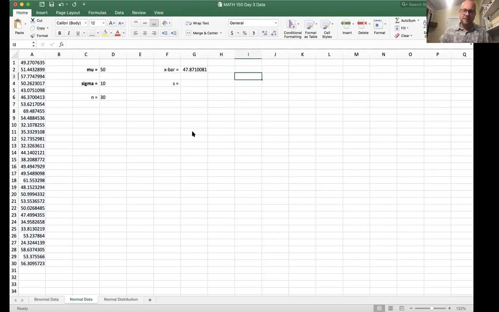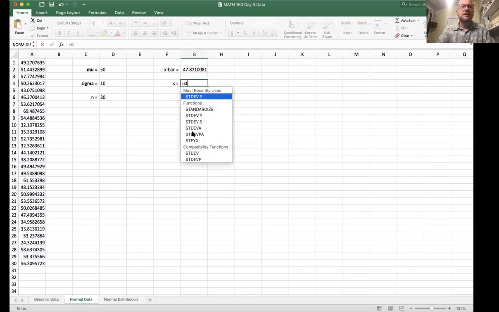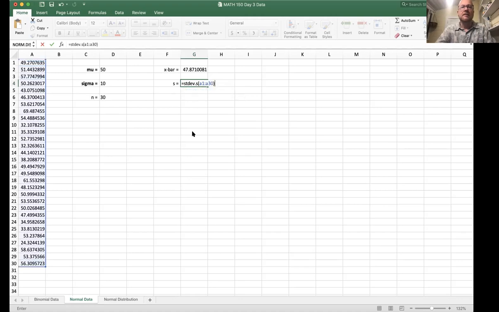So same thing here, equals stdev dot. Now, it gives you the option .p for population or .s for sample. We have a sample. So we say .s, parentheses, and then you have to tell it the A1 colon A30 again. Okay. Yours will be different because you'll have a different number of data points.